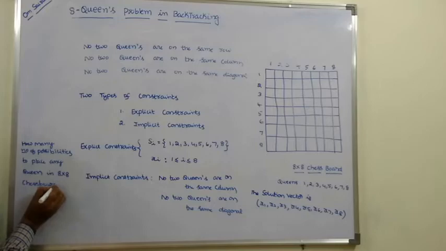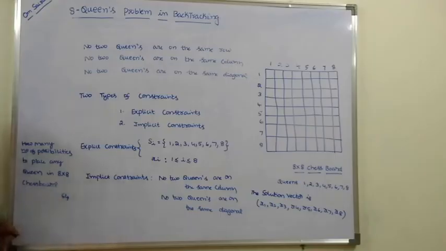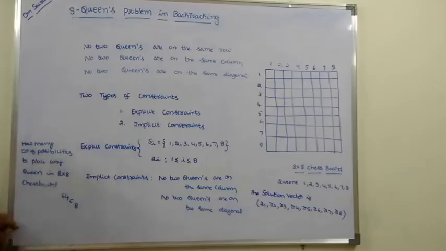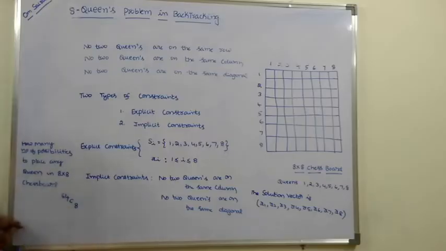There are 64 possibilities. So with 64 possibilities, we have to place 8 queens on an 8 by 8 chessboard. That is, the total number of possibilities to place 8 queens on an 8 by 8 chessboard is 64C8.